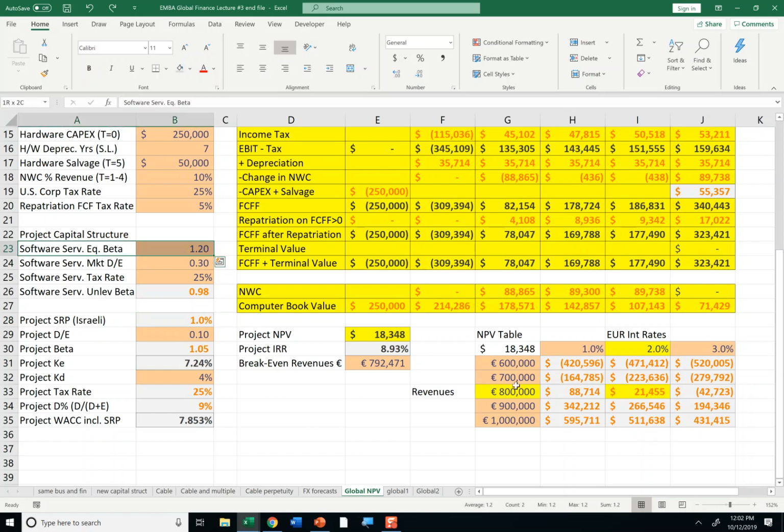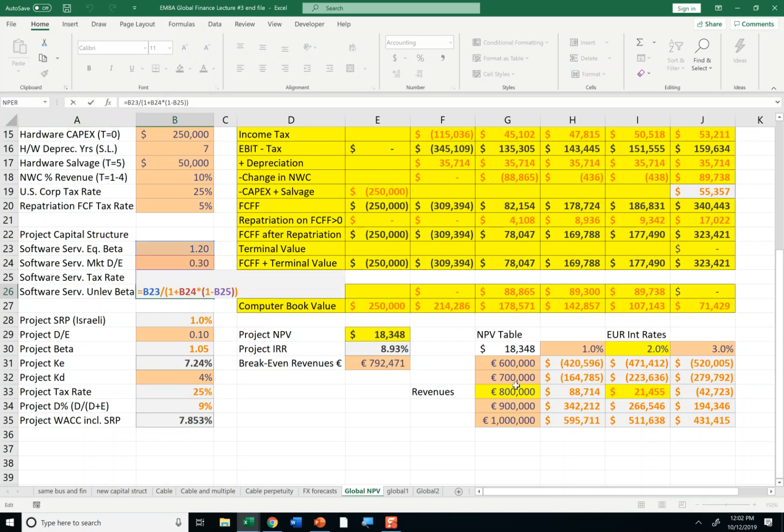Google has realized the average beta on the software services market is 1.2. Remember, any beta greater than 1 is 20% riskier than the overall stock market. So it's a relatively risky business. The average software industry has a D/E ratio of 0.3 and a tax rate of 25%.